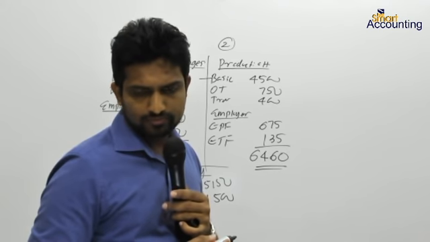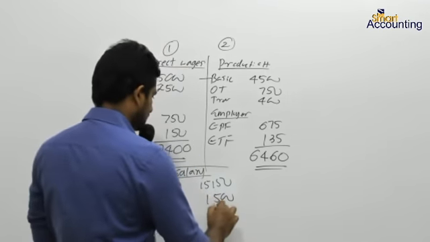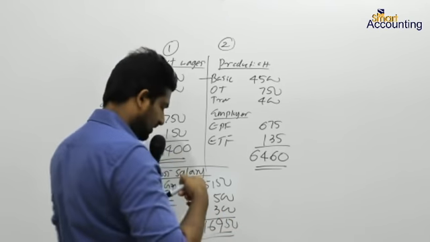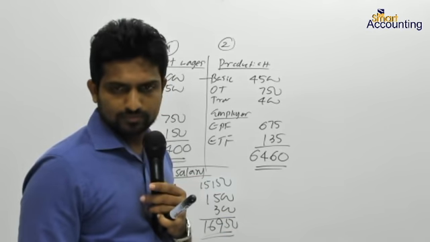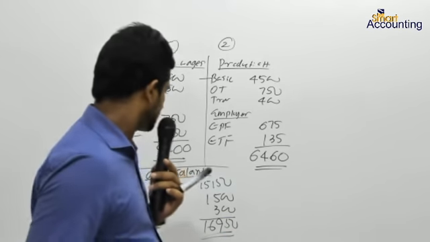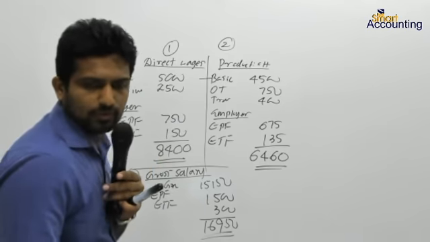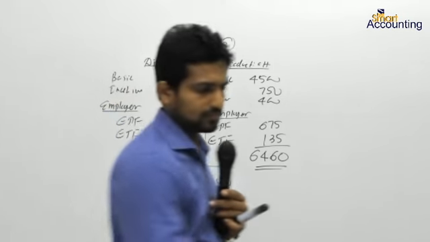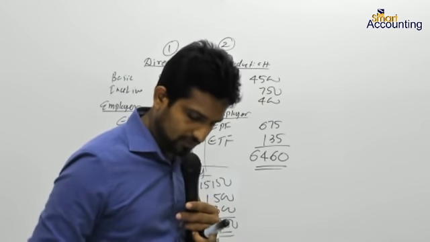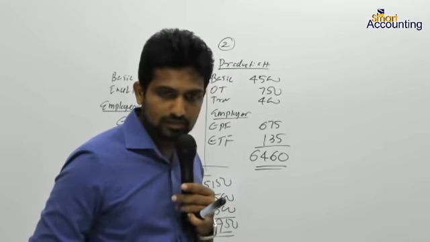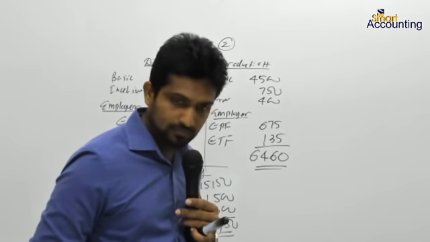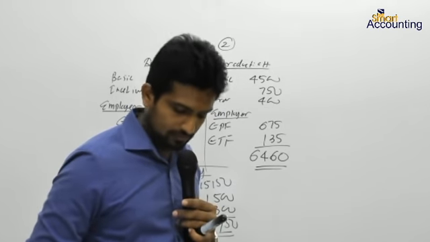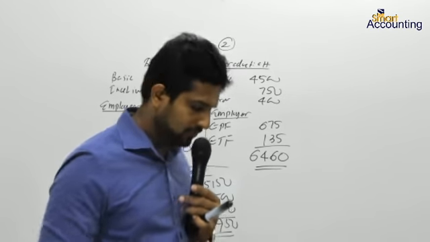ETF 300. Is it 16,950? Make a 14,000. 7,750 plus, yes 14,150.